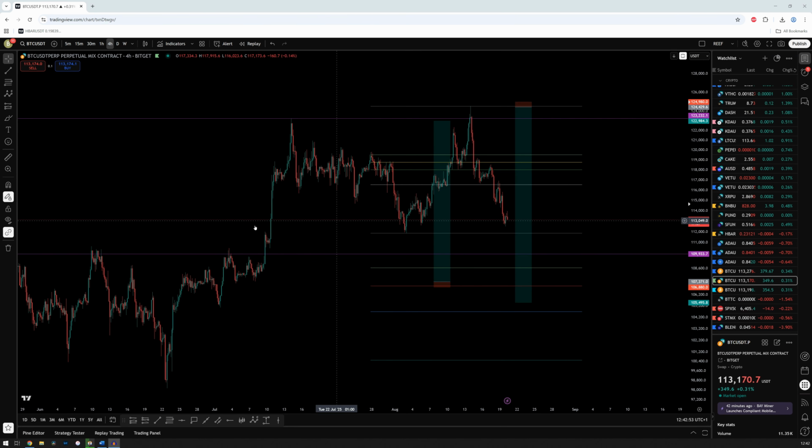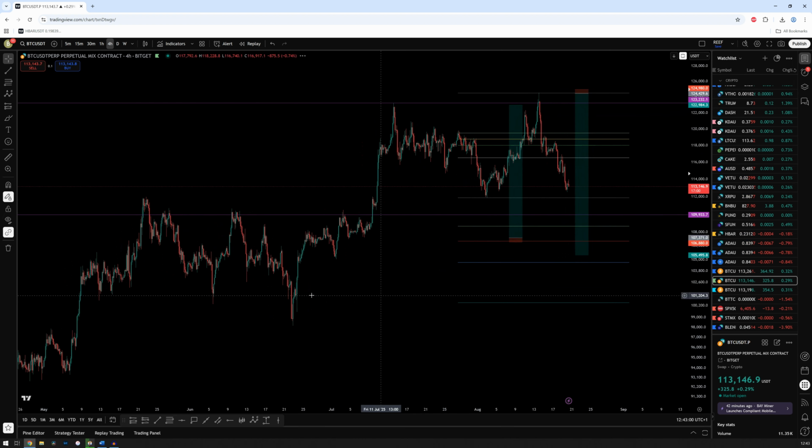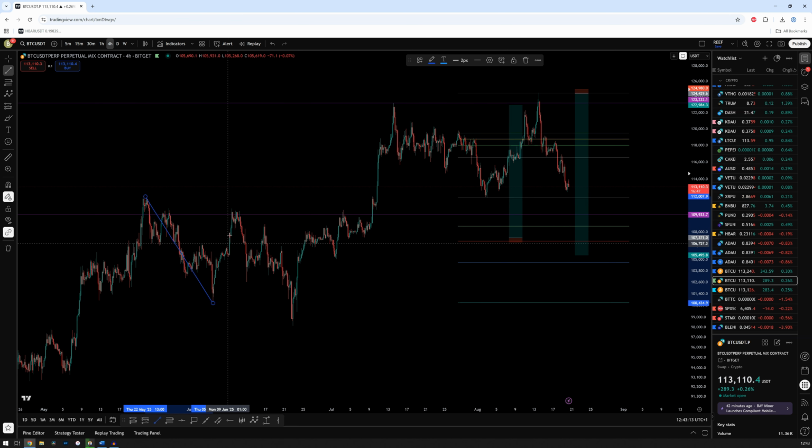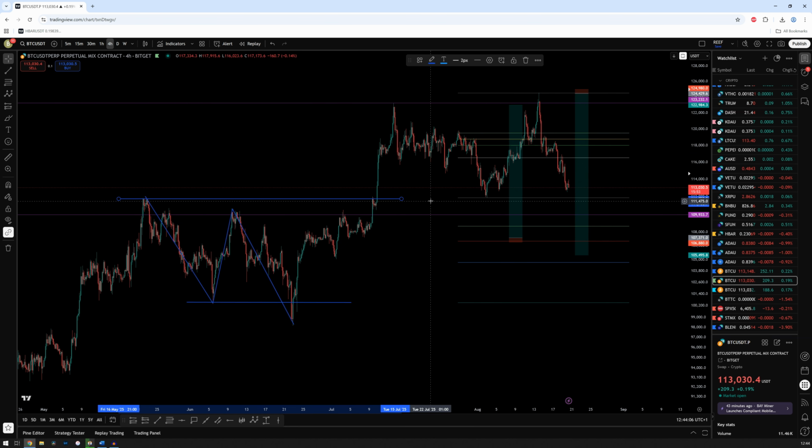Okay, so I got my initial entry on a BTC long at this level over here. So you would have entered from this region here. Now I actually did get this entry, but as we started approaching this local high over here, which at the time was the all-time high, I just made a calculated decision to add more to the trade, and so my average entry was in this region over here.